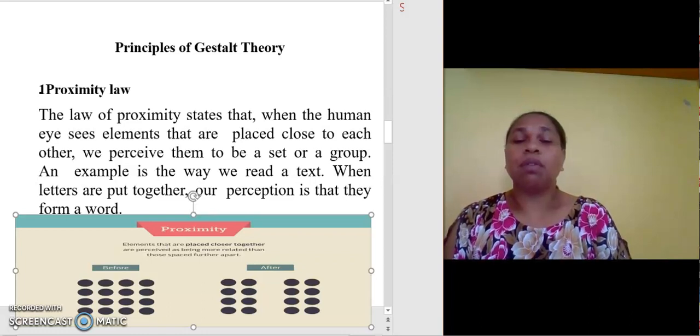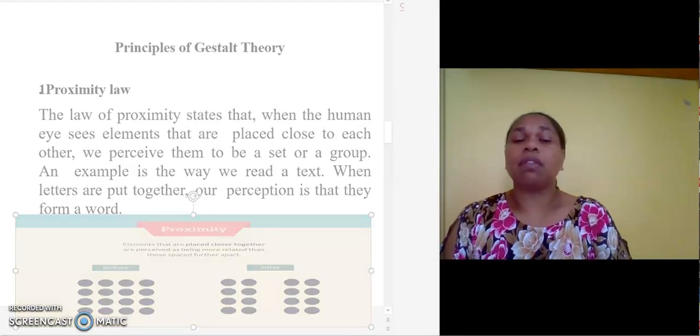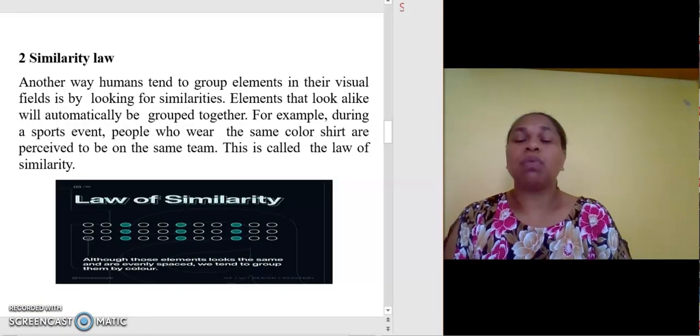The next law is the similarity law. Another way humans tend to group elements in the visual field is by looking at similarities. Whenever something is presented, and it's a new event, as human beings, we will try to find ways to look for similarities.